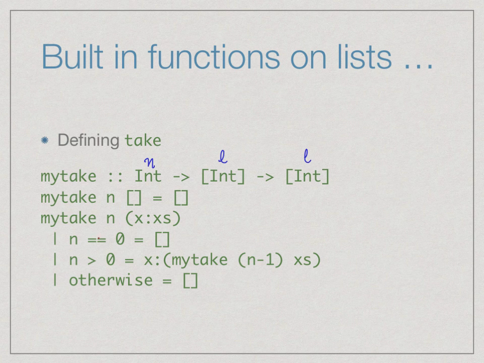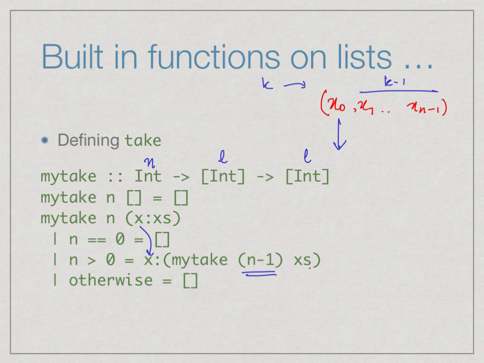So if I say 0 values are to be taken, then I get back the empty list. If I want to take n values, so I have x0, x1, this is my list. Supposing I want to take k values from this, then the idea is I will take out the first value and then I will take k -1 values from what remains. So I pull out the first value and then I take one less value from the rest of the list.